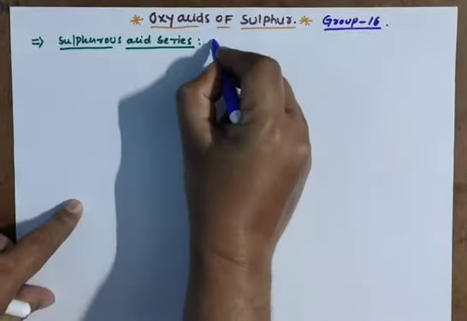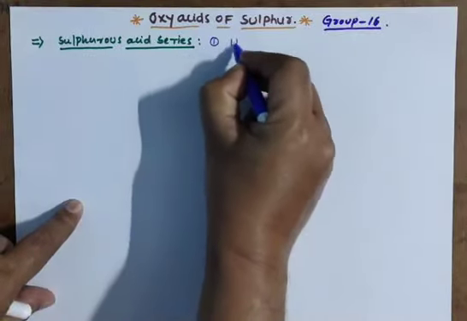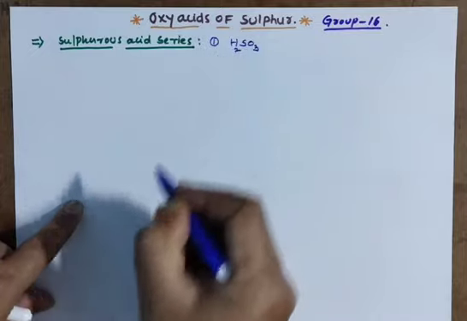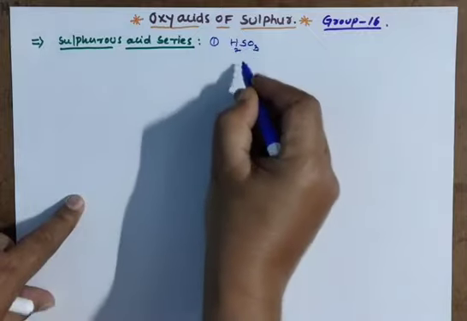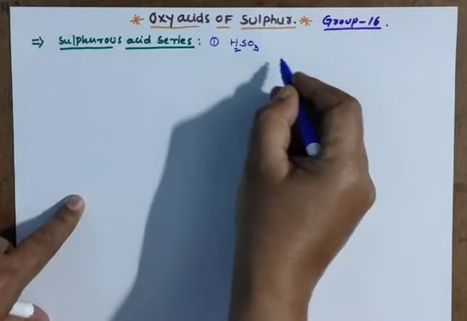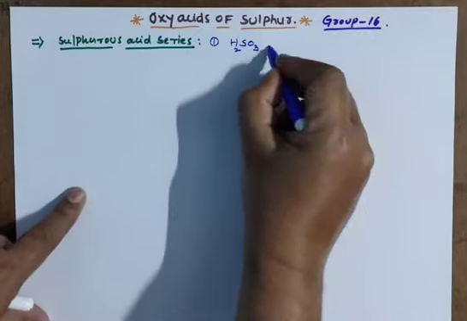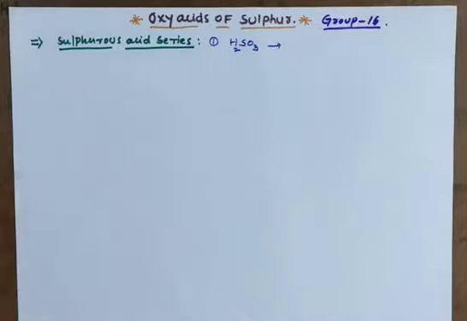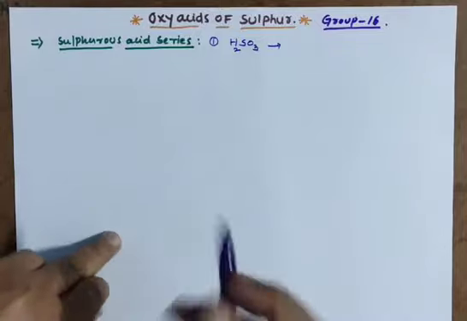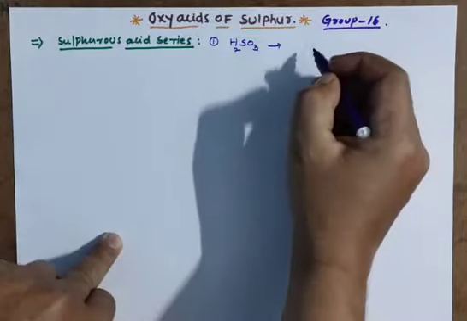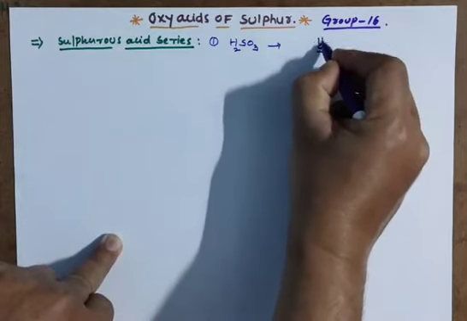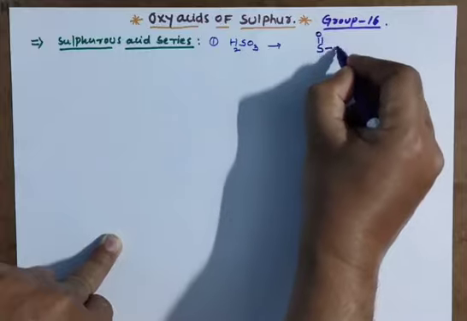Sulfurous acid you know very well, H2SO3. So you remember this, and based on it you can easily do the rest. Here I am drawing the structure. In oxyacids of sulfur, every structure has a basic unit, that is S double bond O, OH.